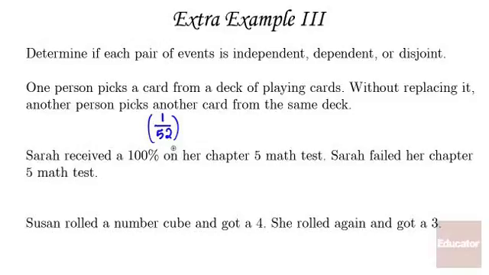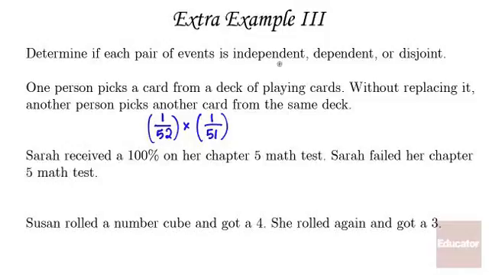So there's no longer 52 cards. The second person is going to pick one card out of a total of 51. So one card out of 52 times one card out of 51.